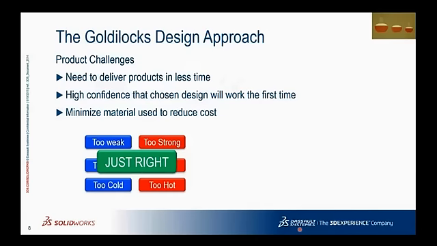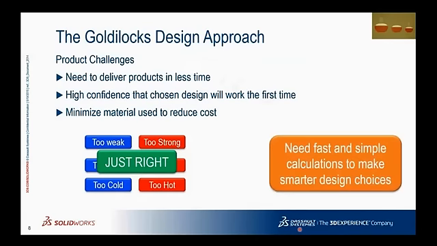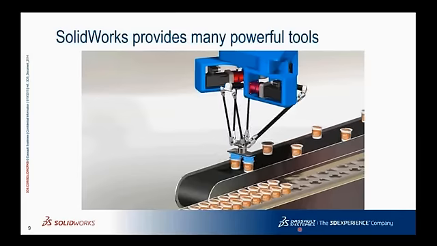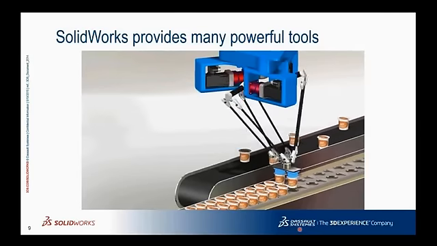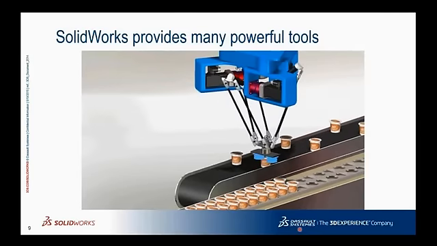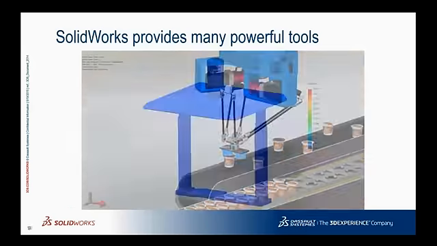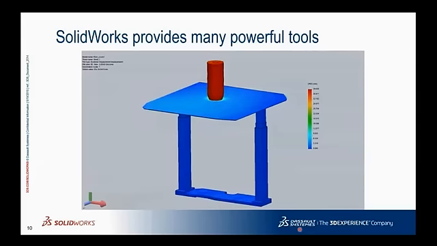But hand in hand with this, it's important that we have tools that are fast and simple to use, and they help us make smarter design decisions. Now, SOLIDWORKS has a lot of advanced capabilities, but the problem we face, as we talked about with shortened design times, is having the time to invest in doing more advanced analysis or in validating it to experimental work and so on.